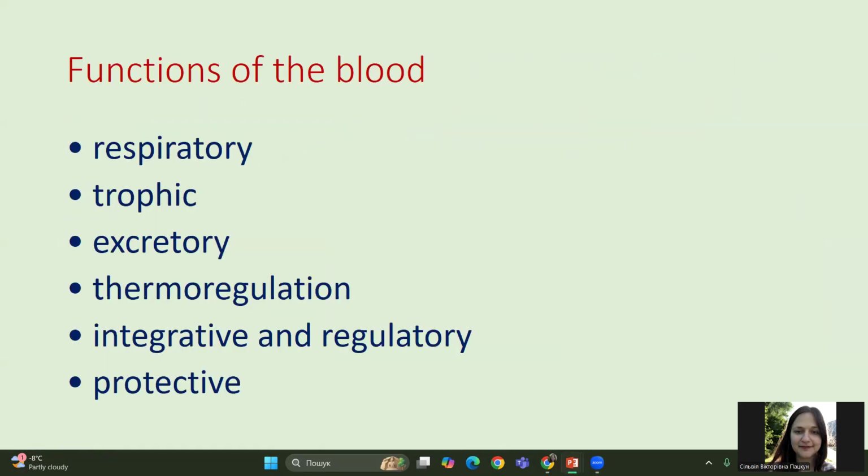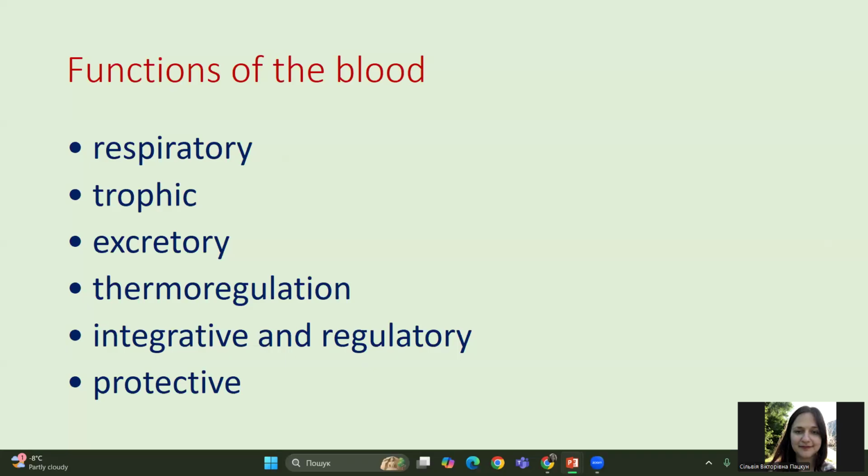Main functions of the blood include respiratory, trophic, excretory, thermoregulation, integrative, regulatory, and protective. Respiratory is mainly provided by erythrocytes and by hemoglobin. Hemoglobin carries oxygen and carbon dioxide from the lungs to the tissues, and from the tissues to the lungs.